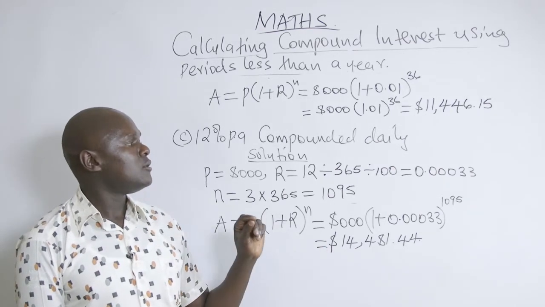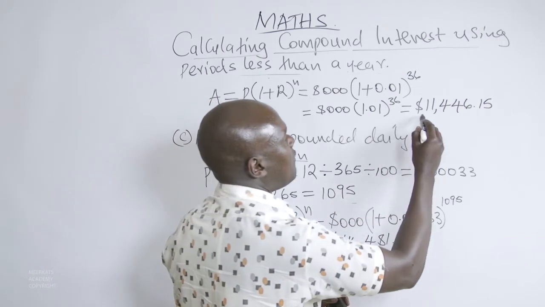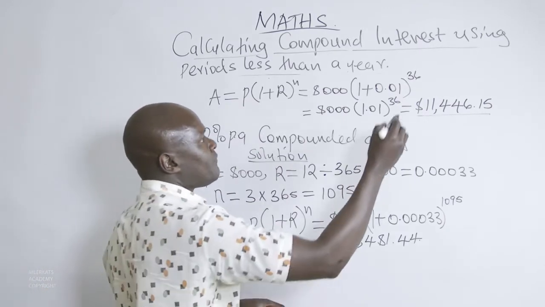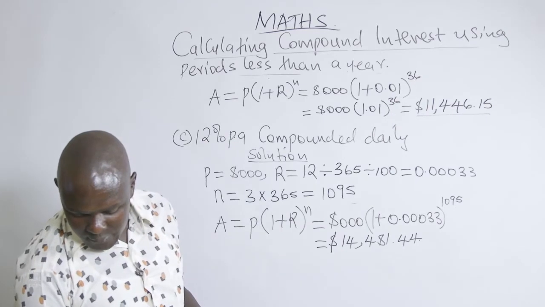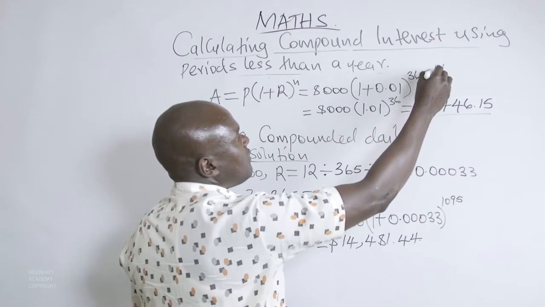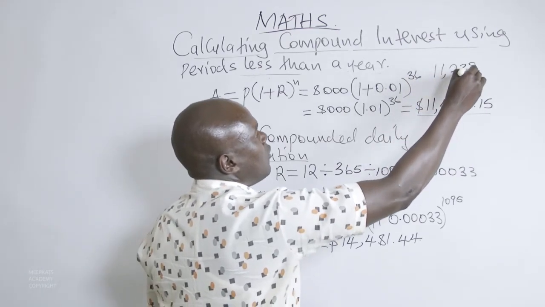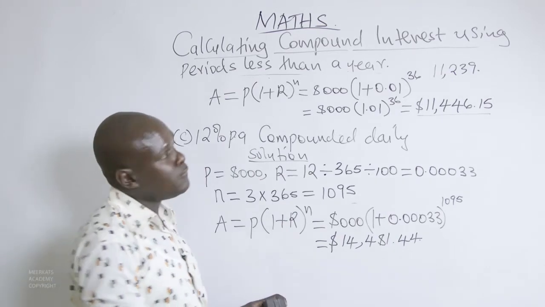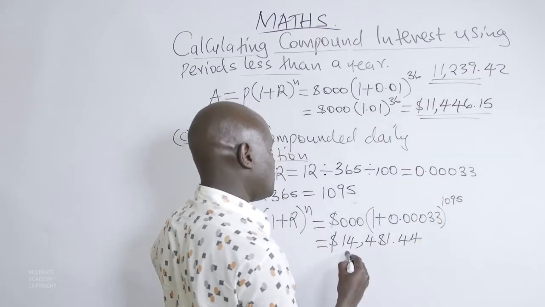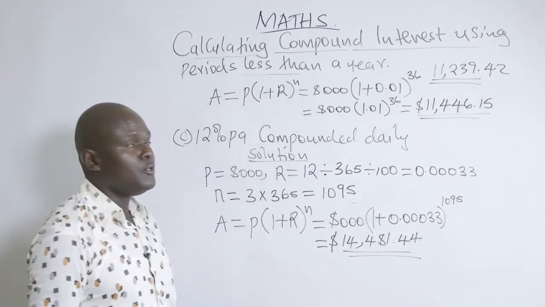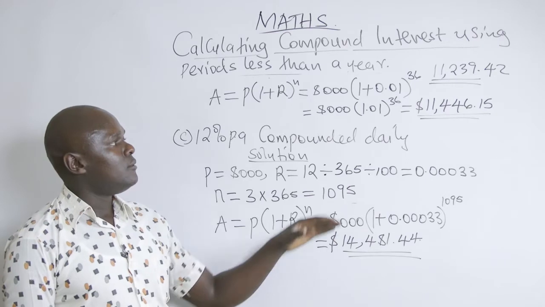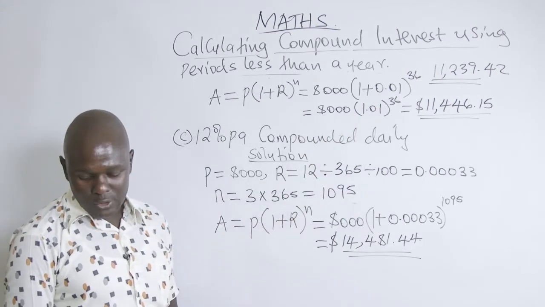When you compare this to the one we have here when we were compounding monthly, and when you compare to the first one, which was 11,239.42, you discover that the more you increase the number of periods, the more the amount you will get.